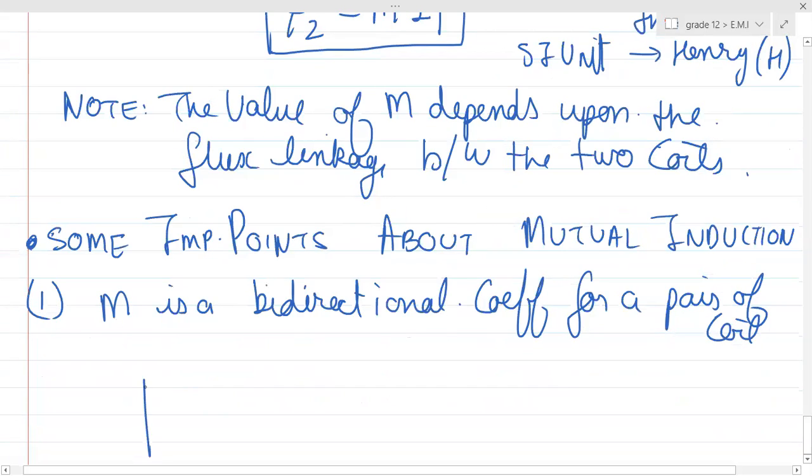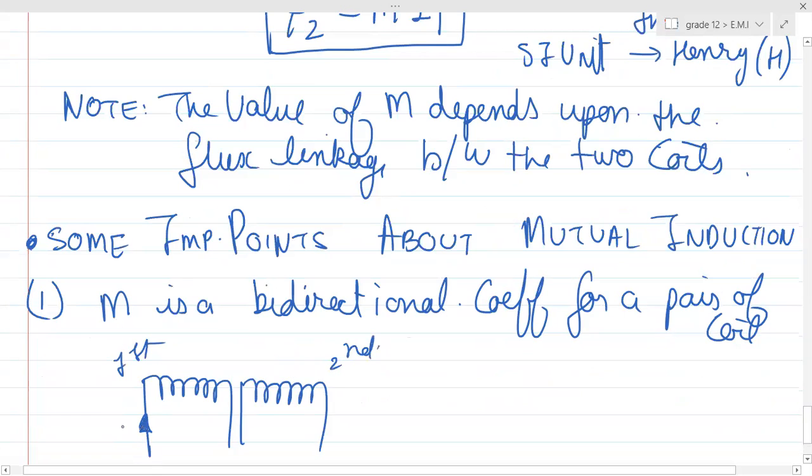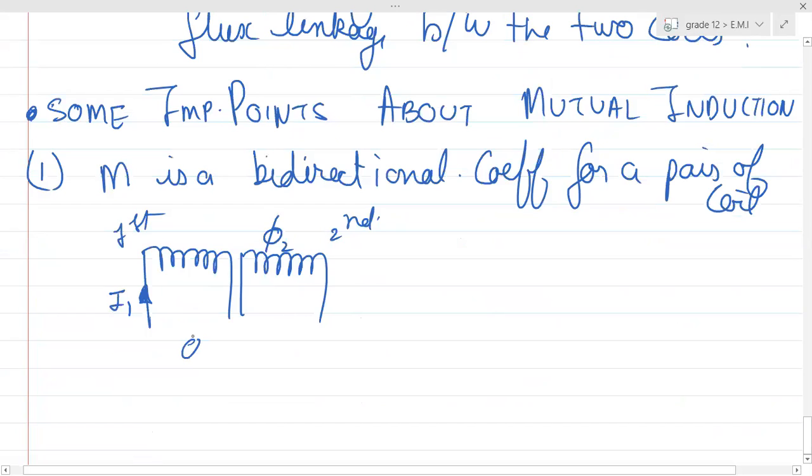Suppose this is the first coil and this is the second coil. If I flow some current in the first coil, so phi 2 is there, yes or no? So do you remember I wrote this as phi 2 equals M into I1, yes or no?